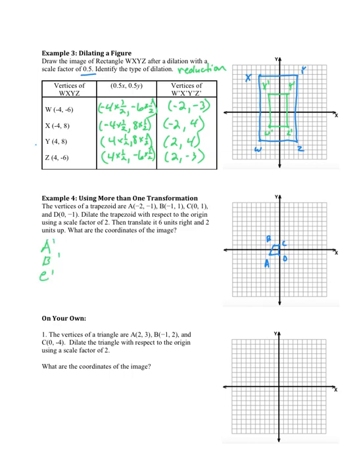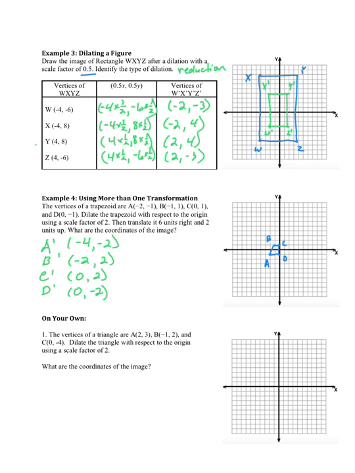A prime, B prime, C prime, and D prime. So here I'm just going to take -2, -1, and I'm going to multiply by 2. I'm going to take -1, 1, and multiply by 2. I'm going to take 0, 1, and multiply each number by 2. And 0, -1.